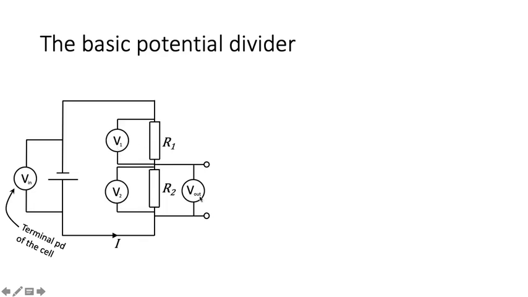And V2, yes, is going to be the same as V out, but we'll come back to that. I, the current in the circuit, will equal the terminal PD divided by the total resistance of the circuit. The total resistance of the circuit is R1 plus R2, and the potential difference V1 and V2 across each of those resistors is given by V1 equals IR1 or V2 equals IR2, just the basic equation rearranged.